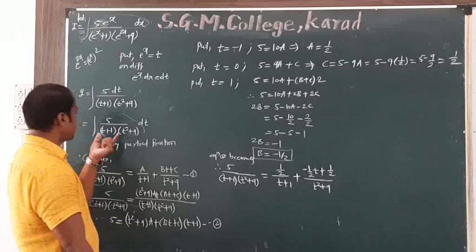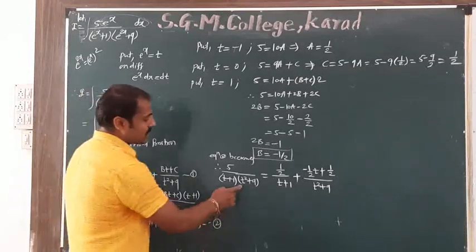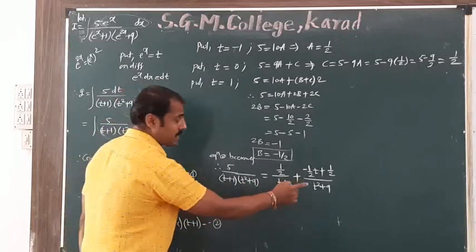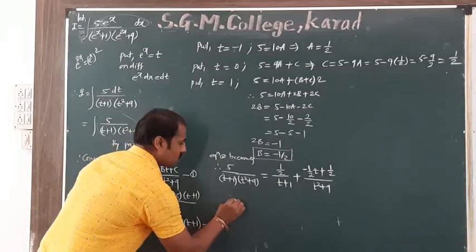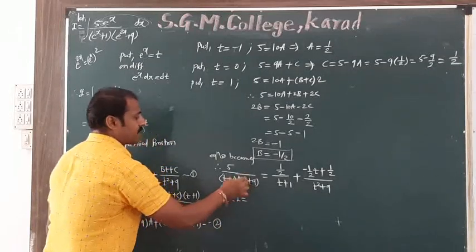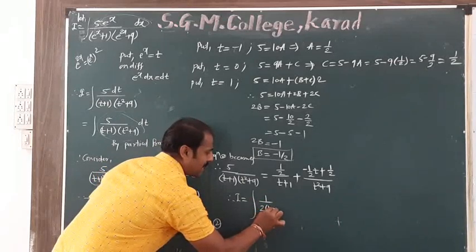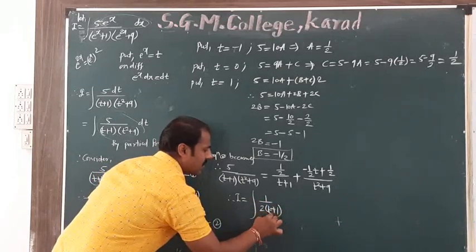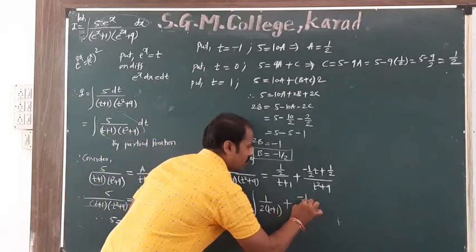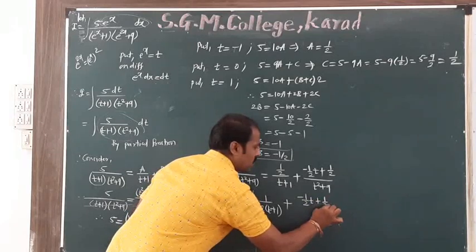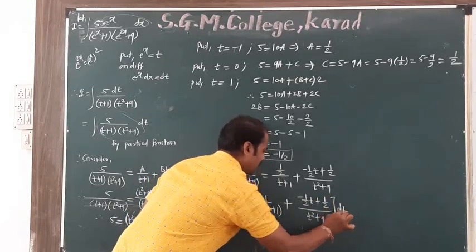We have to find the integration of 5 divided by (t plus 1) into (t square plus 9), replacing that term by that term, since it is more convenient to find integration of RHS. So I is equal to the integration of 1 upon 2 into t plus 1, plus minus 1 upon 2 into t plus 1 upon 2 divided by t square plus 9, into dt.